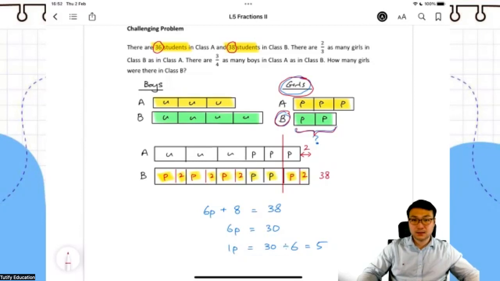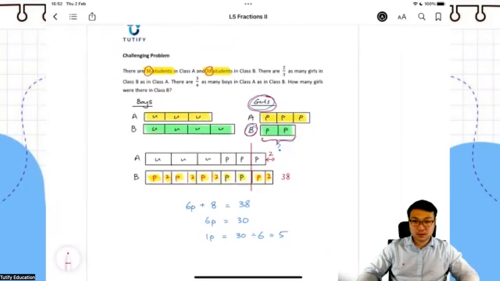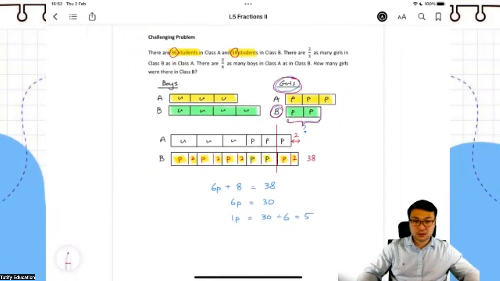It's being drawn over here, isn't it? There are 10 girls in class B. Yes, very good. So if I want to find the girls in class B, then I must find the two parts. And that will be 10.